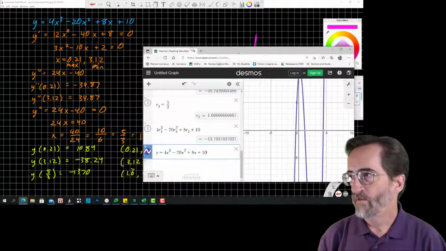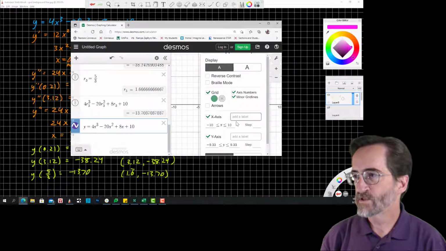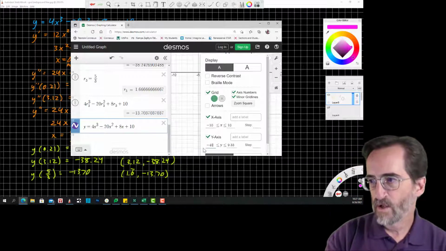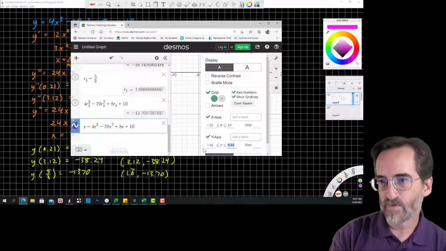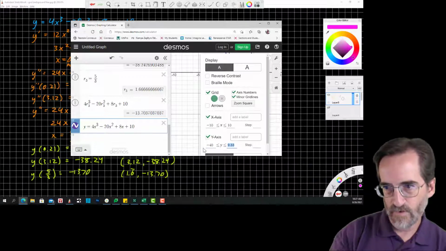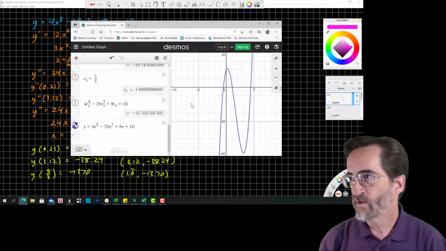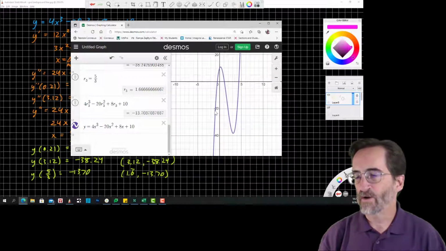Now my window is a little bit skewed here, so I'm going to set my y-axis to go from negative 40 to, let's go up to, our max was at 13 or something like that, and let's go to 20. There we go. And we can even zoom out a little bit.